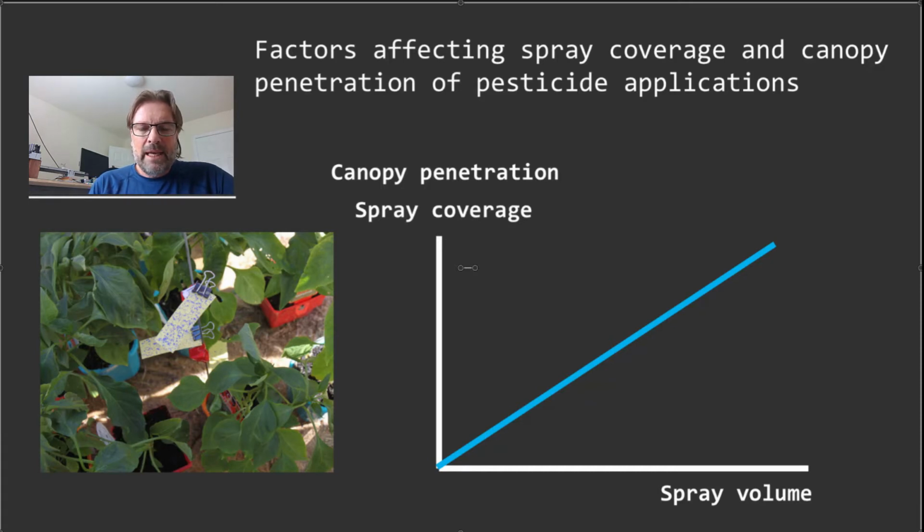They're yellow, and when water droplets are sprayed or deposited onto the cards, they turn blue. So you basically have this relationship between blue and yellow, and you can calculate coverage by finding out how much blue you have out of all the pixels, and you can use that as an indicator of spray coverage.